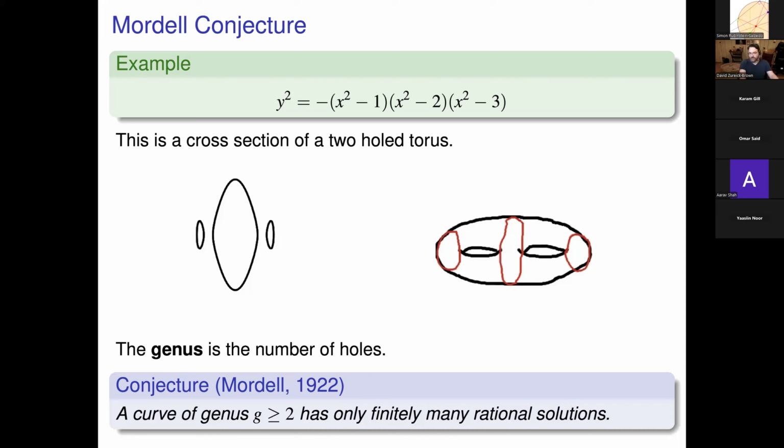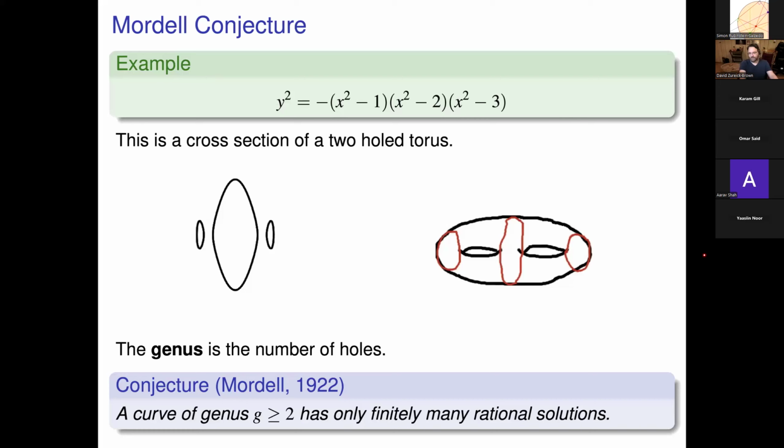So Pythagorean triples, that turns out to be genus less than 2. This equation is genus exactly 2, and so his conjecture, proved by Faltings, says that this particular equation has finitely many solutions. Of course, it might have some solutions. If I plug in x equal to 1, this is 0, y equals 0 works.